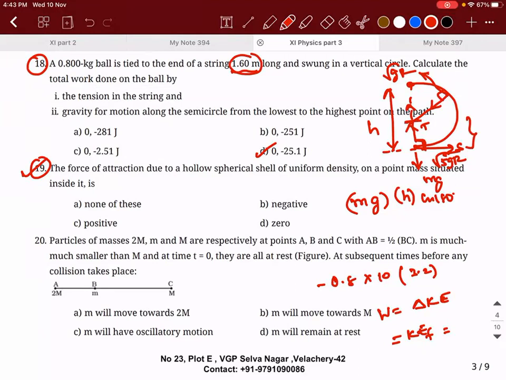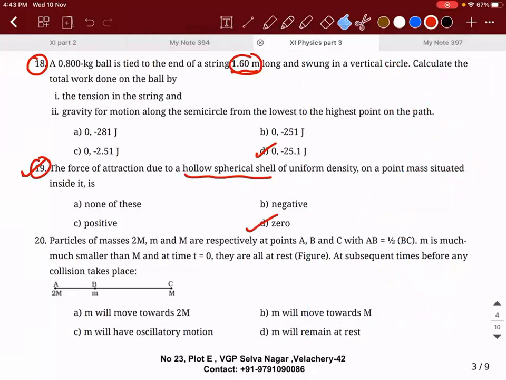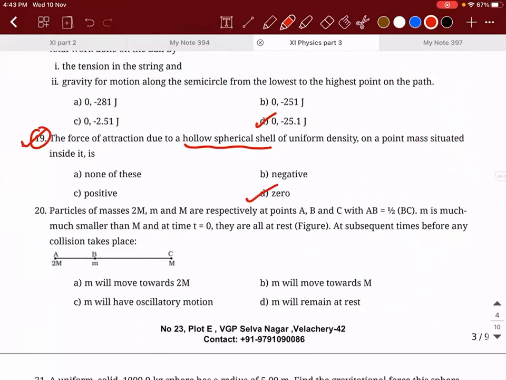So the force of attraction due to a hollow spherical shell of uniform density on a point mass situated inside it is 0, sir. Why? Sir, vectorially everything will cancel out. Yes. The similar kind of concept you will learn next year also in electrostatics chapter. That is the first chapter of your 12th standard.